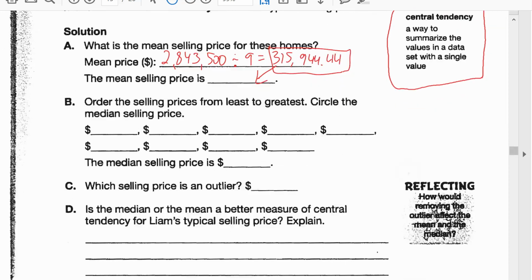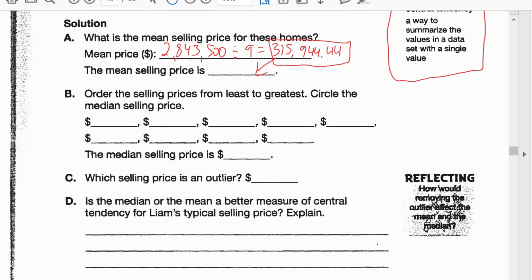So how is it different from the median? Well, let's see. We have to order the selling prices from least to greatest and then circle the median. Let's see how it's different.